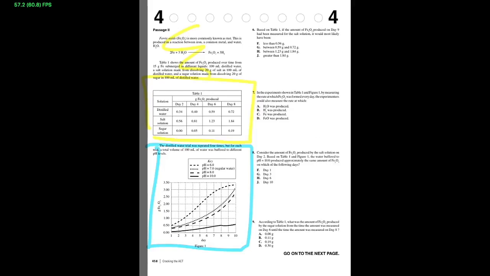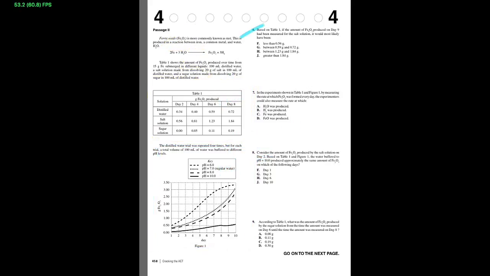So first I'm going to look over the questions really quickly to see how many of the questions are dealing with table 1, how many are dealing with figure 1, and how many of them are dealing with both of them. And then that will give me some information about how I might want to attack the problems.